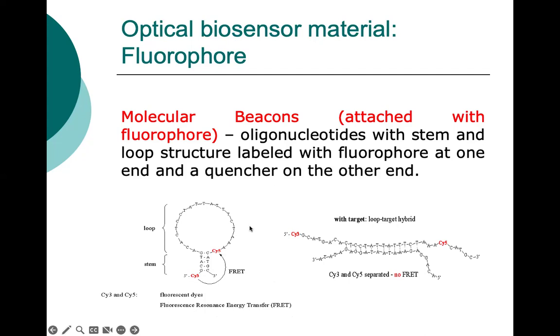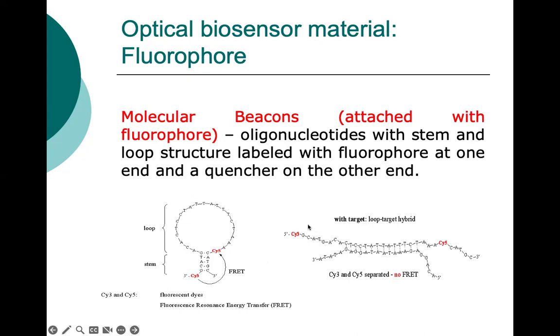So let's say we expose it to DNA extracted from the sample, and the extracted DNA is a match with the molecular beacon. You can see that the shape of this molecular beacon springs open because there is a match between the ATCG of the molecular beacon and the extracted DNA.